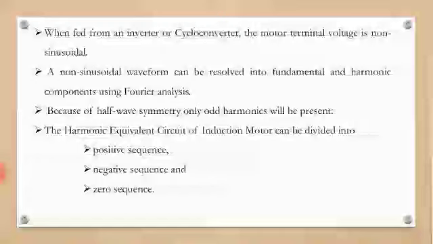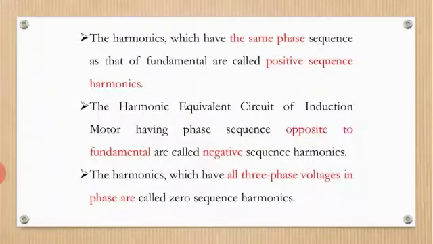The harmonics which have the same phase sequence as the fundamental are called positive sequence, the harmonics having a phase sequence opposite to the fundamental are called negative sequence, and harmonics with all three phase voltages in phase are called zero sequence harmonics.